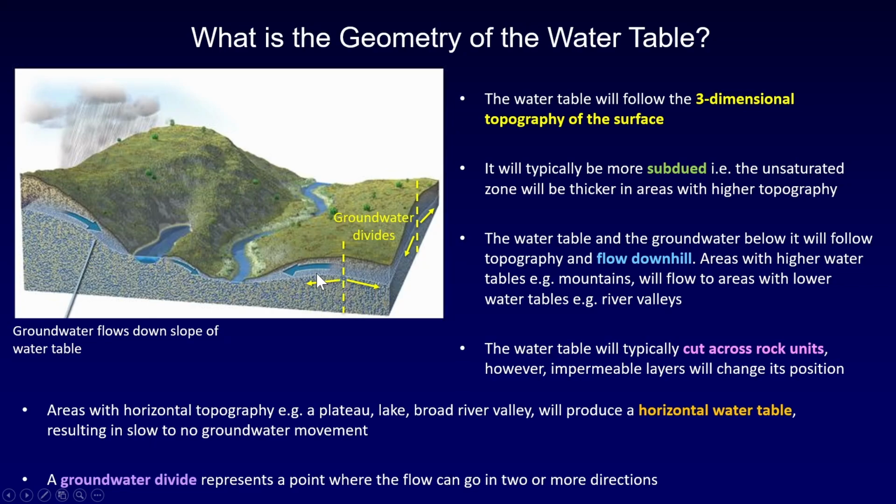It can flow down the water table in this direction, or it can flow down the water table in this direction. And so this is defined as a groundwater divide, and it marks a point where your groundwater can flow in two or more different directions. Just like how you have divides that separate river valleys and the water that flows into the river is contained within its own catchment area.